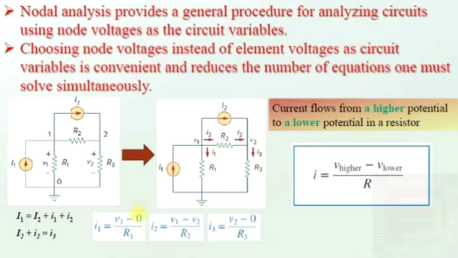So by applying these rules, you can apply Kirchhoff's current law to all the nodes in the circuit except the reference node, and the resulting equations can be solved in order to find the unknown node voltages. And once the unknown node voltages V1 and V2 are evaluated, you can calculate I1, I2 and I3 in the circuit, thereby solving the circuit.